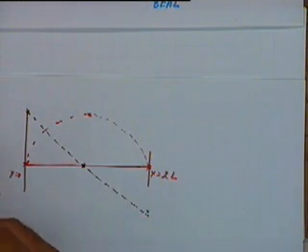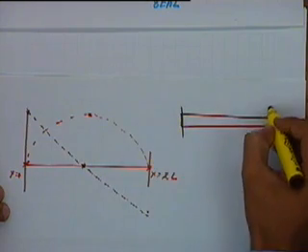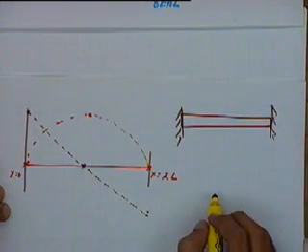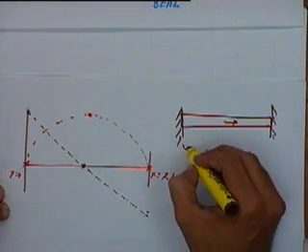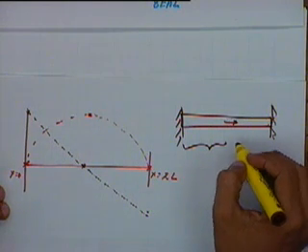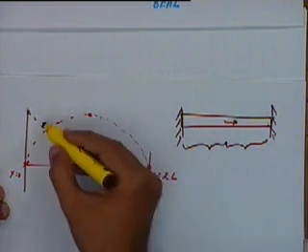But if you look at the actual problem, where we have this rod and the force acting here, this whole portion is going to have a uniform tensile strain and this whole portion is going to have a uniform compressive strain. We are not getting that by this method.